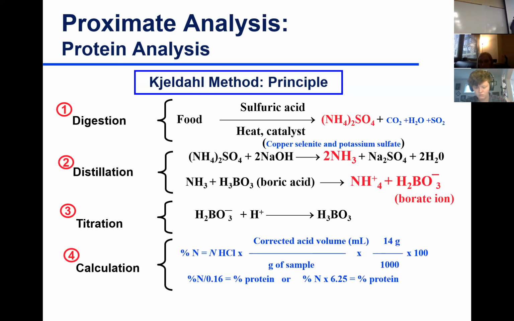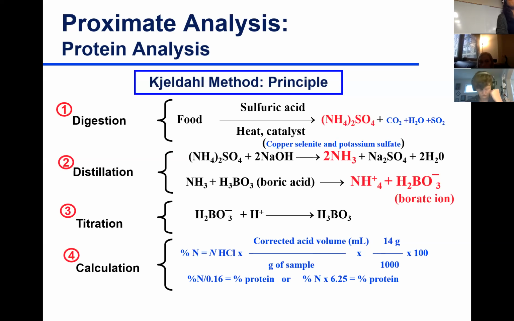So in the second step, you have neutralization as well as distillation going on. And the last step is titration. Okay? So these are your three segments of Kjeldahl, which you will be doing in the lab.